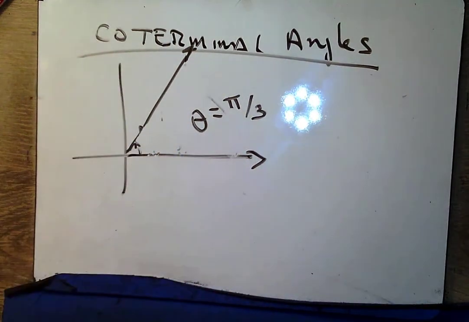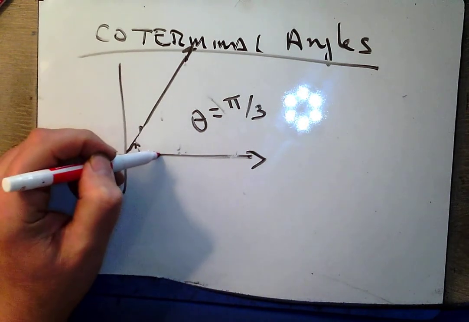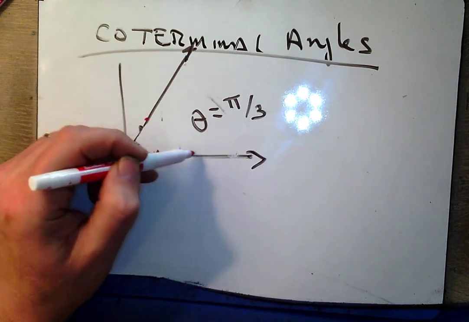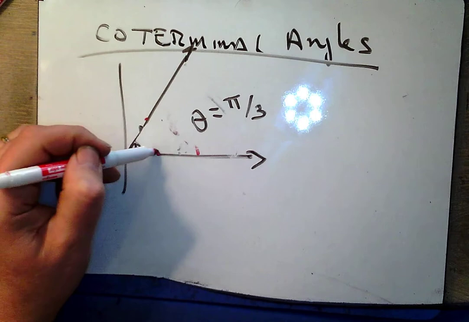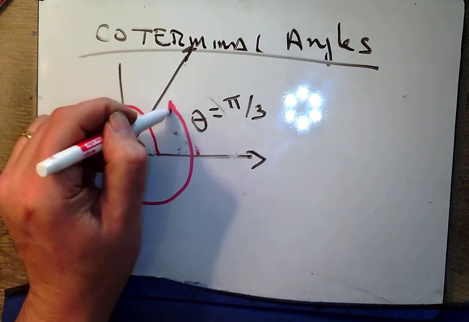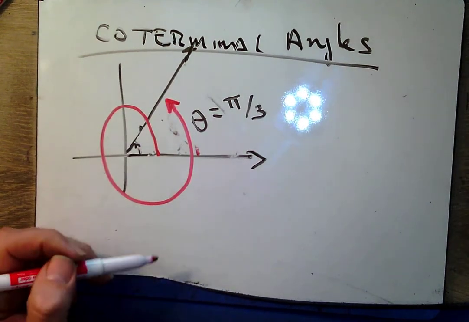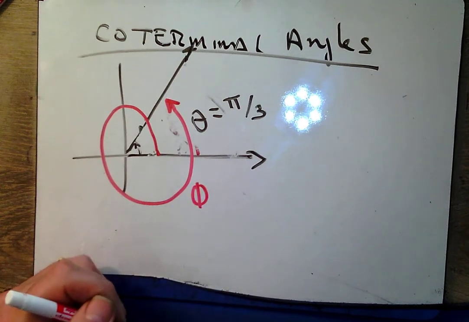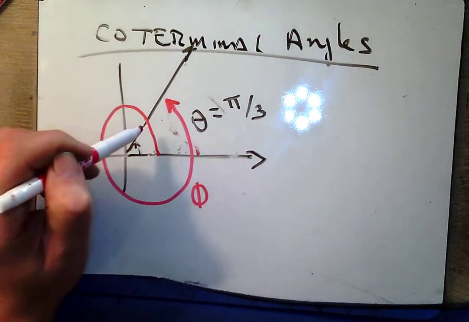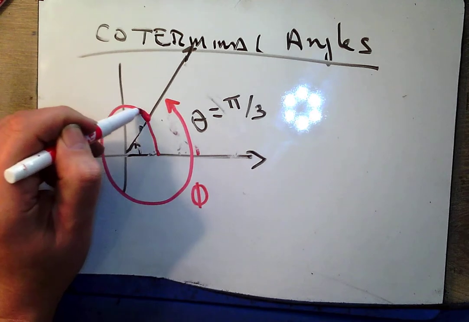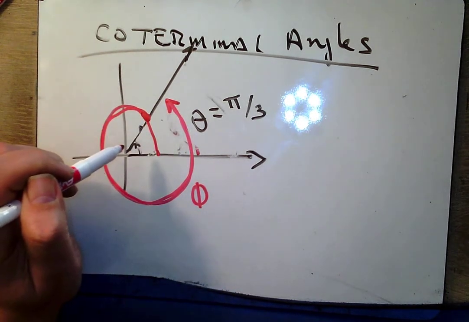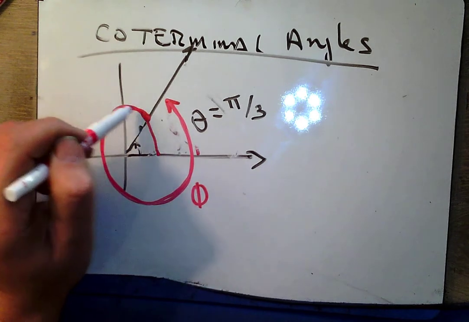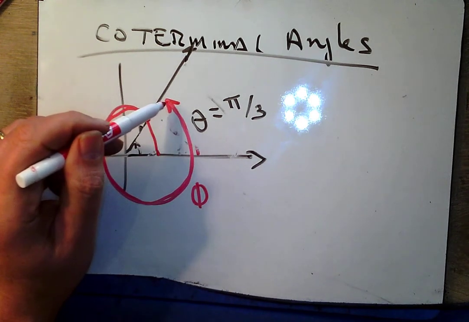I need a different angle. And we said we could get that different angle by rotating. So I have to start here and stop here, but not that. That one's taken. So how about this one? Okay, now what's that angle going to be? Well, think about what we did. We're here, and we're going back to here. That's one rotation.